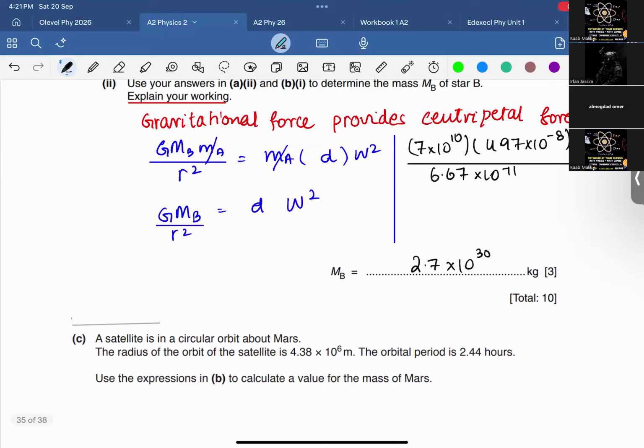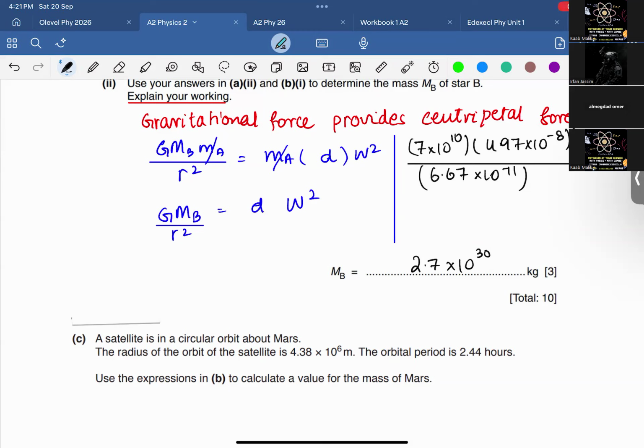Okay, squared. Omega is also squared, and we have 6.67 exponent negative 11, and 2.8 exponent 11.